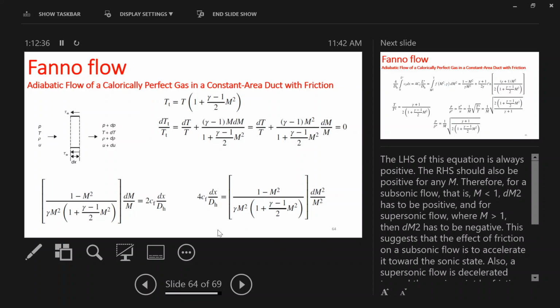And then all of the M's will be M squared. So 1 minus M squared, gamma M squared here, and then M squared here in the denominator. Is this clear? So we have an equation that relates the local friction coefficient only to the Mach number. We don't have the temperature, we don't have pressure, we don't have anything else. Only the Mach number at that location.